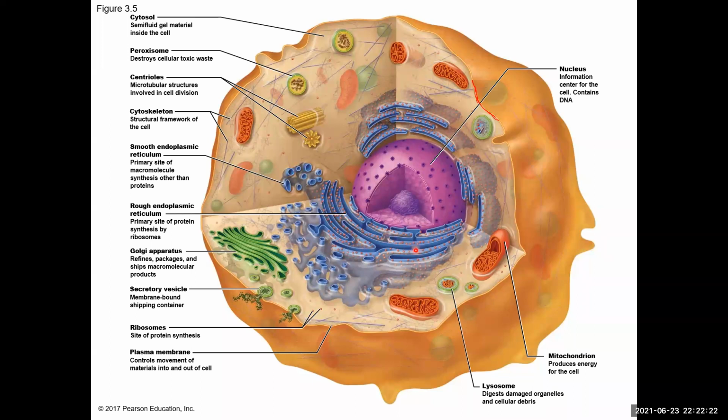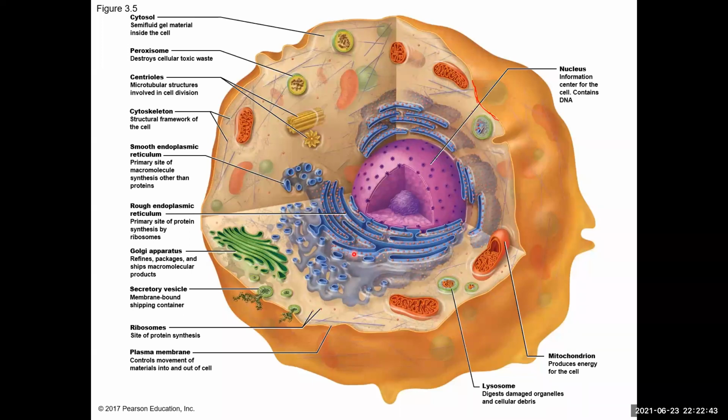If you remember, I said those ribosomes are really important for making proteins. So one of its primary jobs is to make proteins, and the rough ER is the primary site for protein synthesis in a eukaryotic cell.